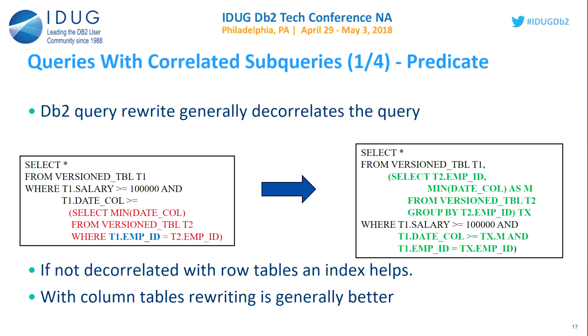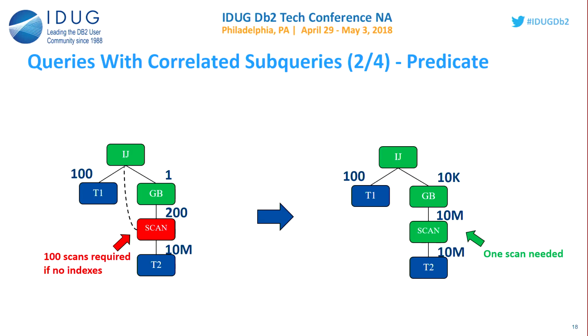In the column engine, we don't have indexes typically on tables, and for each invocation of the subquery, we're going to scan the entire table. So these queries could take forever. So you have to be careful with correlated subqueries. So we're going through and adding a lot more decorrelation concepts within Db2 to avoid correlated subqueries in the column engine.